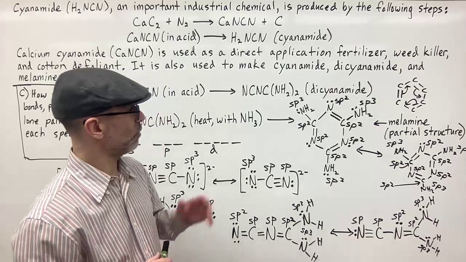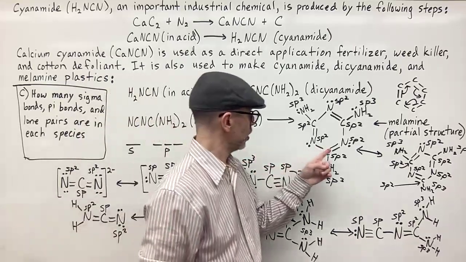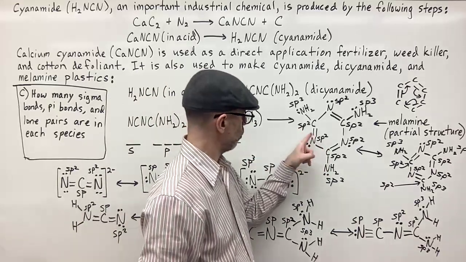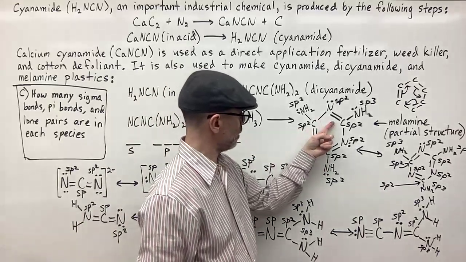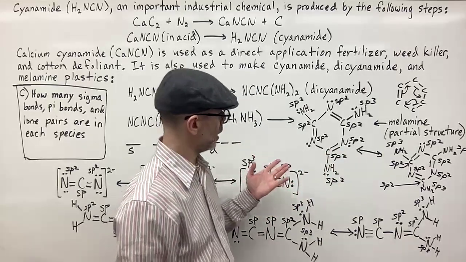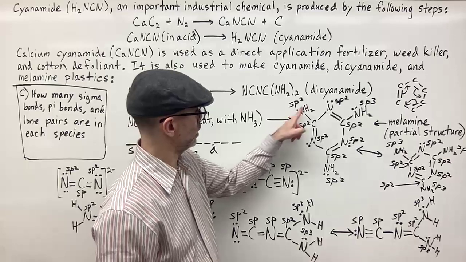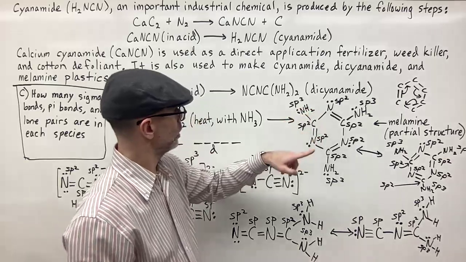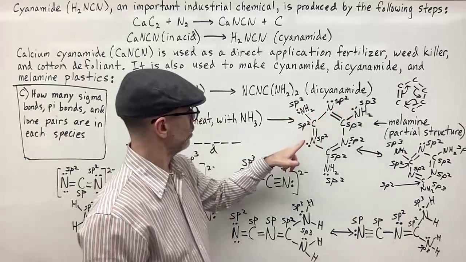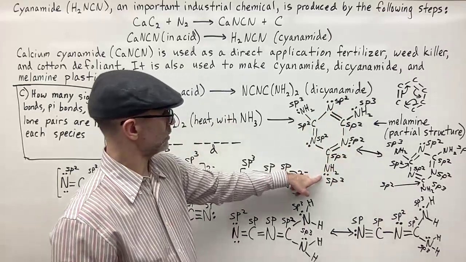Now, for the number of pi bonds, that's going to be determined by the double bonds. So we have 1 pi bond here, 1 pi bond there, 1 pi bond there. That's 3 pi bonds. And for the lone pairs, we have 1, 2, 3, 4, 5, and 6.